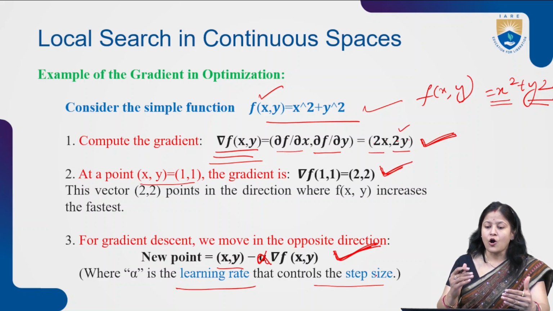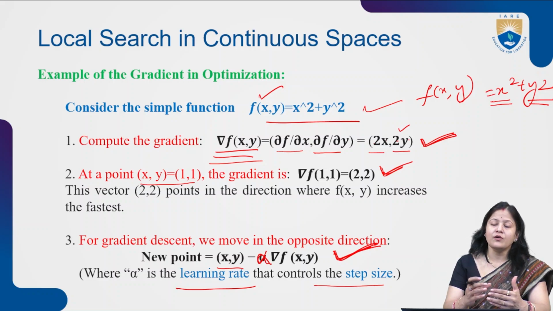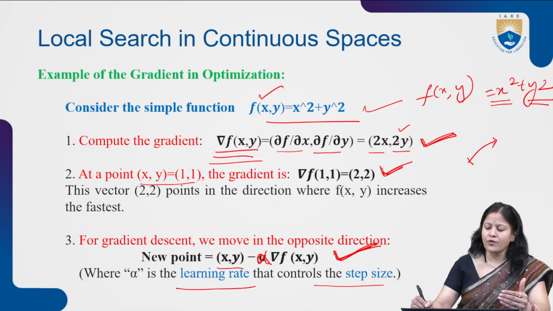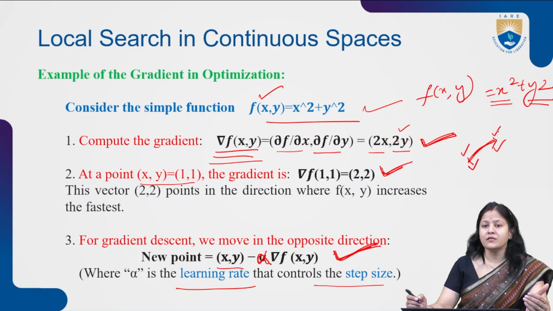Learning rate means whether the cost is increasing or decreasing from the current point to the next neighboring point. Suppose this is my current point and this is the solution at the neighboring state. What is the learning rate? It is how quickly it tries to find the optimal solution as it improves step by step.